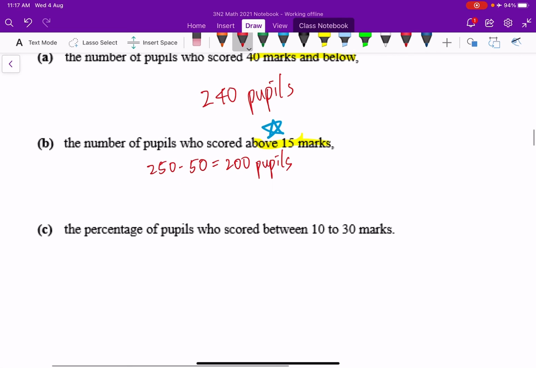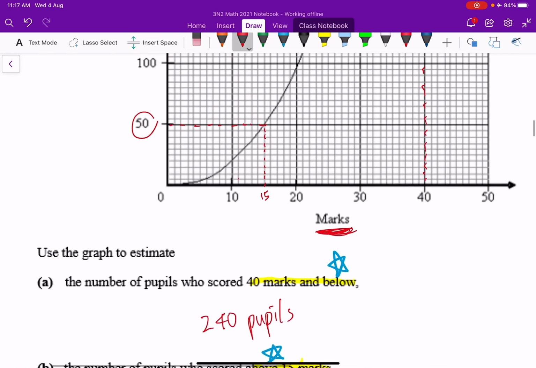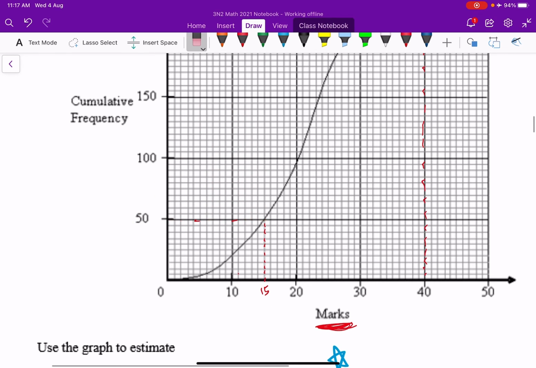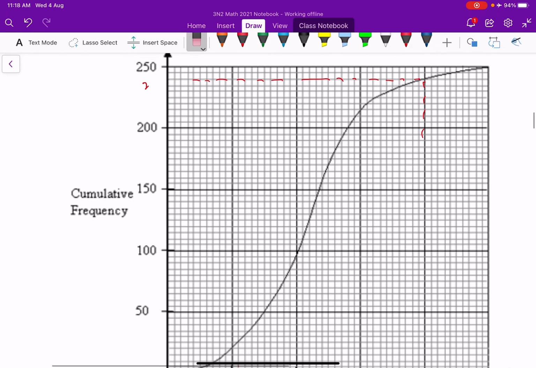And the last one, the percentage of pupils who score between 10 to 30 marks. Now they give you a range. They only want those between 10 to 30. This is where I would want to erase so that it's easier for me to see. If you are okay with it, you can leave it there.